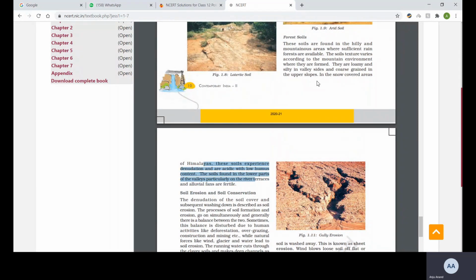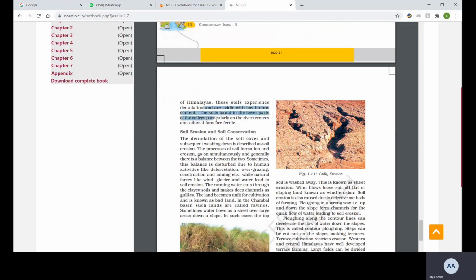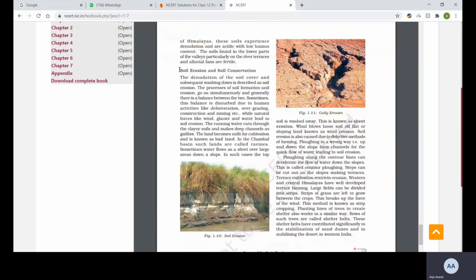These soils are loamy and silty in valley sides and coarse, rough grained in the upper slopes. The soils found in the lower parts of the valleys, particularly on the river terraces and alluvial fans, are fertile.